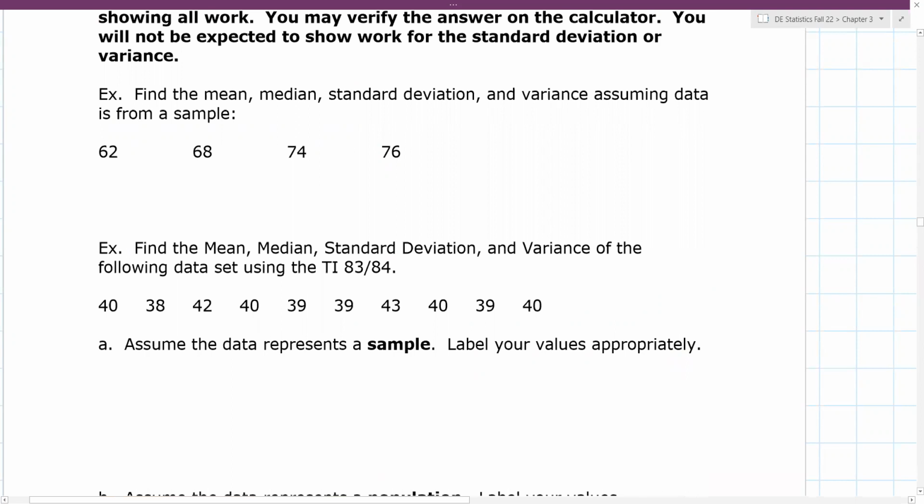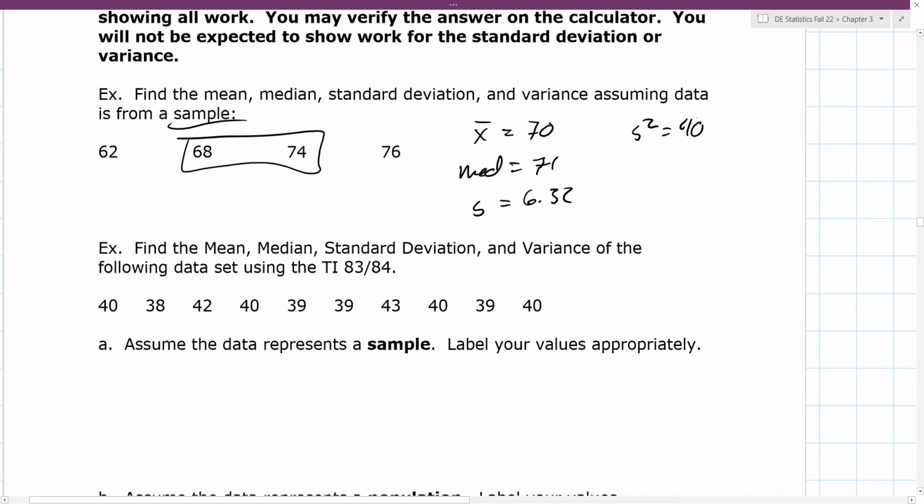So here, assuming it's from a sample, our X bar is 70 because we found that. Our median, because it's an even data set, I would average those two values together, which I believe would get me 71. No, that can't be right. 72. No, I was right. 71. And then we just found standard deviation to be 6.32, and we found S squared to be 40.